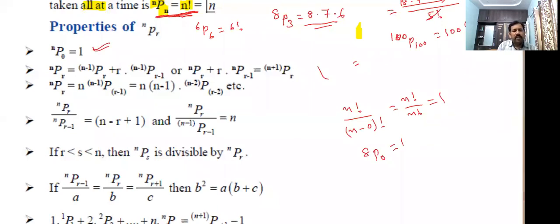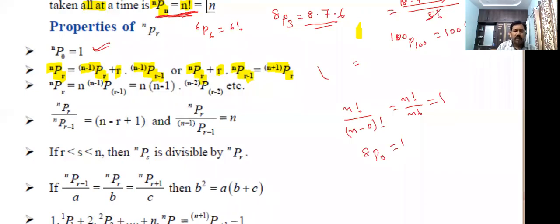See, two more formulas are there here. nPr is equal to n minus 1 Pr plus r into n minus 1 Pr minus 1. nPr plus r into nPr minus 1 is equal to n plus 1 Pr. These are all discussed in intermediate.